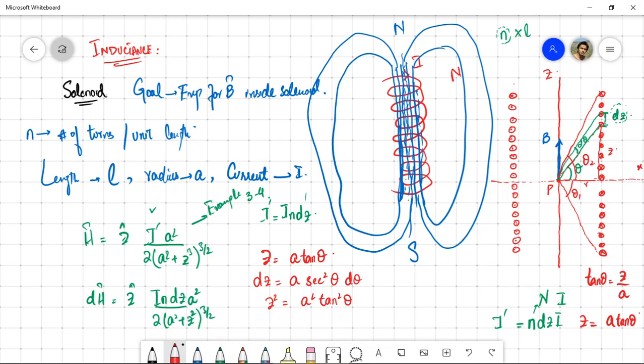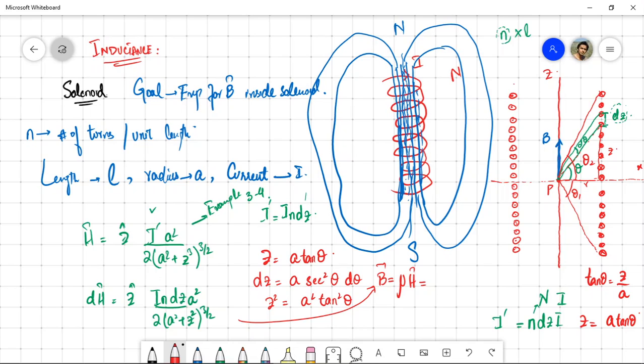So now we'll rewrite this equation by putting in these values. If we rewrite this equation by putting in these values, we'll write it as B is equal to mu, obviously we're not talking about free space, mu, and we'll add another thing which is mu in this equation.